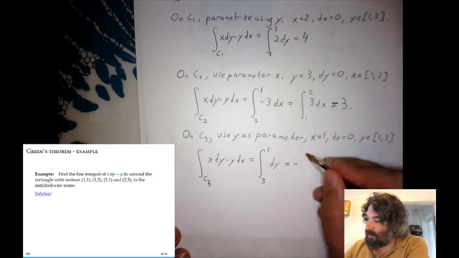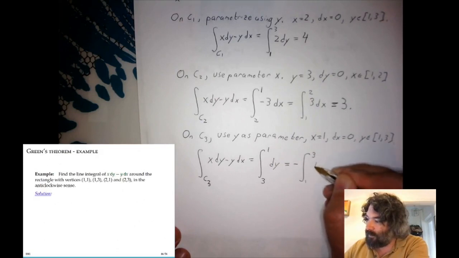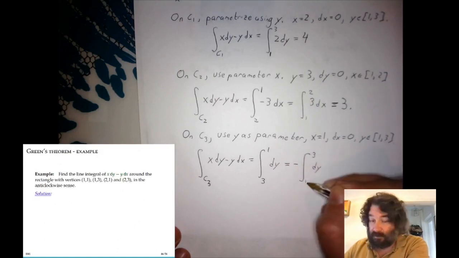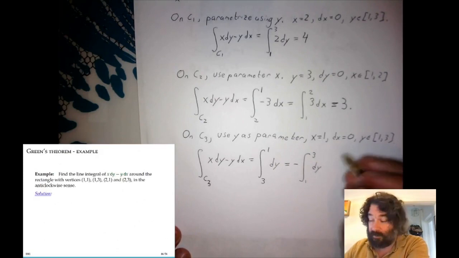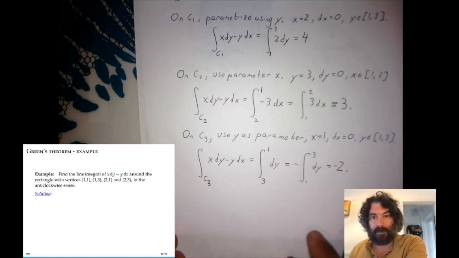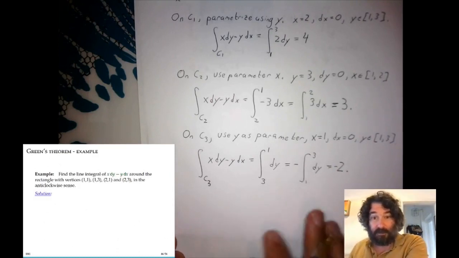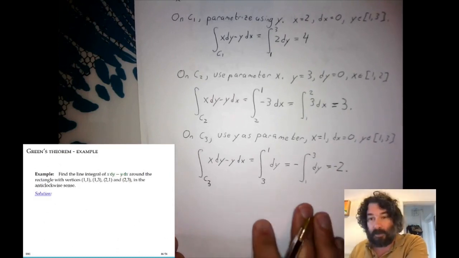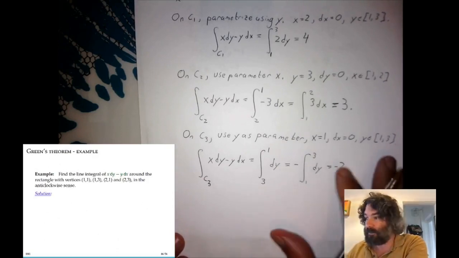And so that's going to be negative the integral from 1 to 3 dy, and that integral is just 2, the width of that interval. So negative 2. All right, we have one more segment left, C4, and then we can add them all up and check that we get the same result that we expect from Green's theorem.